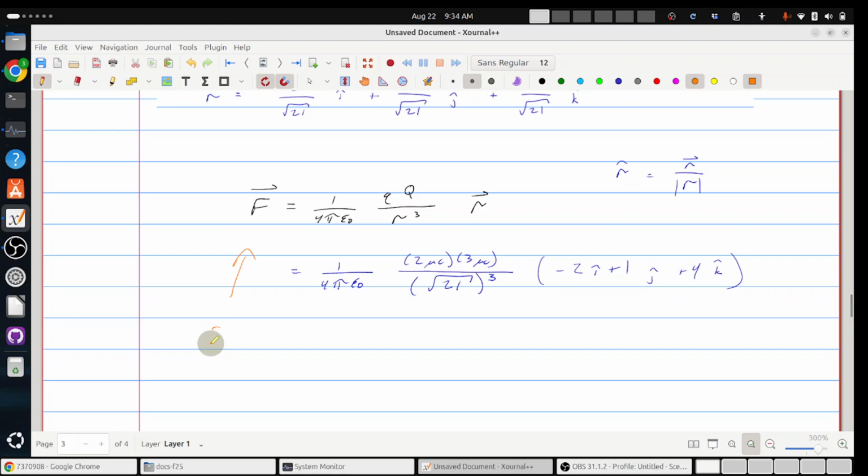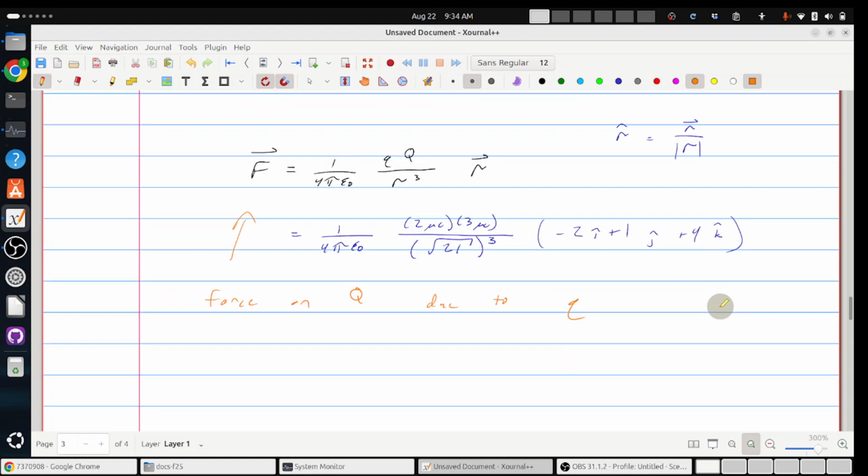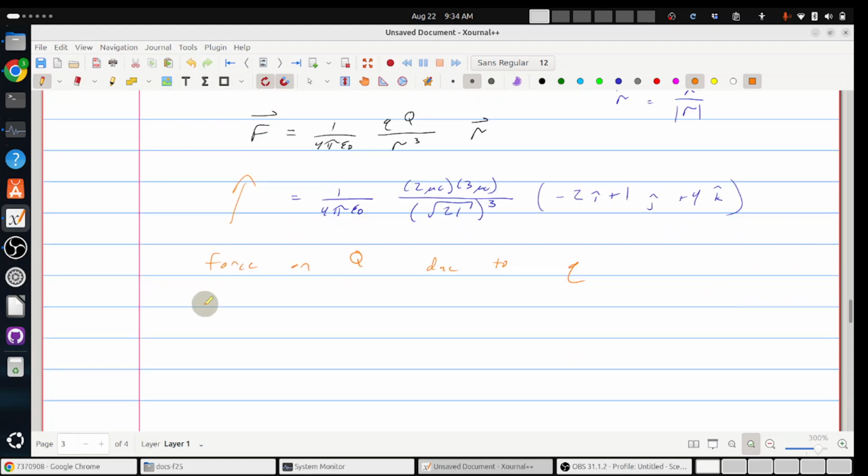Now, as a reminder, this was the force on big Q due to little q. If I wanted to find the force on little q due to big Q, I can do that.